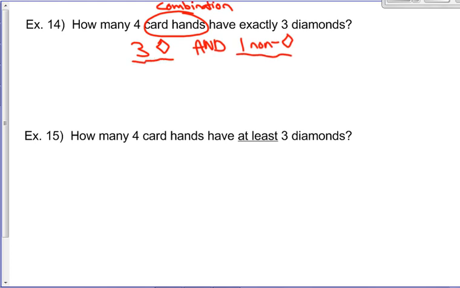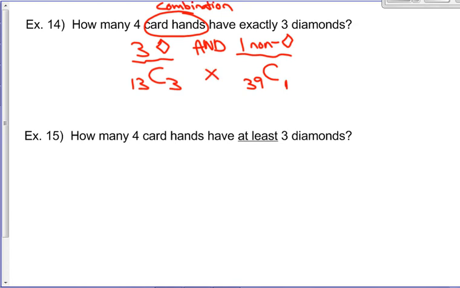And I think about my deck of cards. There are 13 diamonds, because half the cards are red, and half those red cards are diamonds. And I'm going to choose 3 of them. Now, how many non-diamonds are there? The other 39 cards out of the 52 in the deck are not diamonds. So that's going to be 39, and I'll choose one of those.